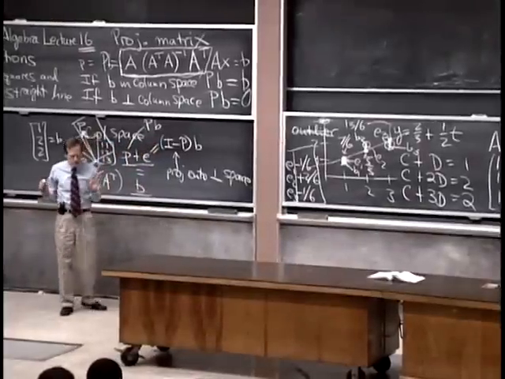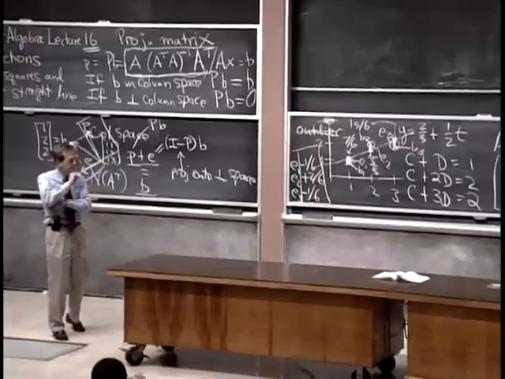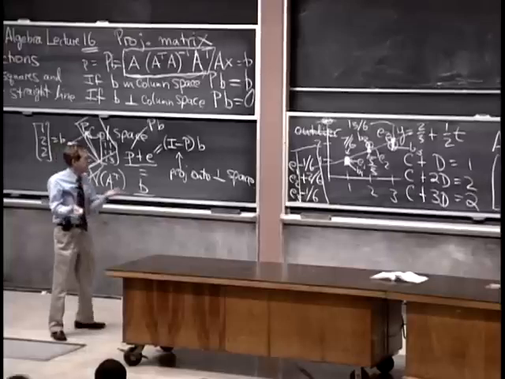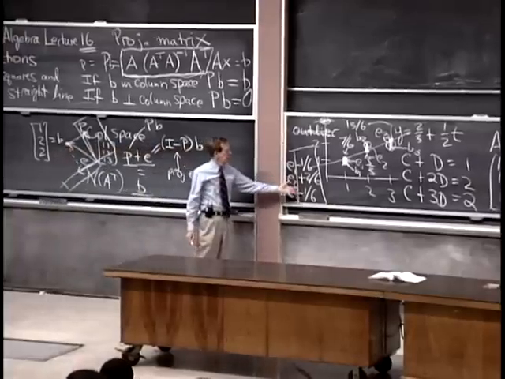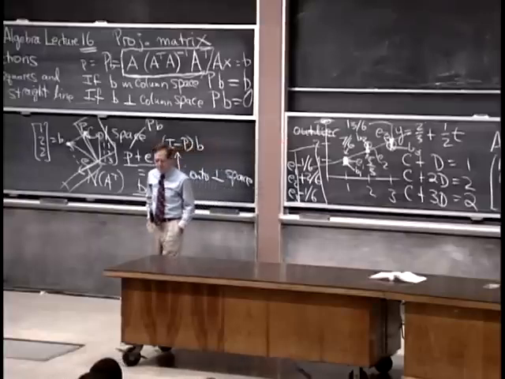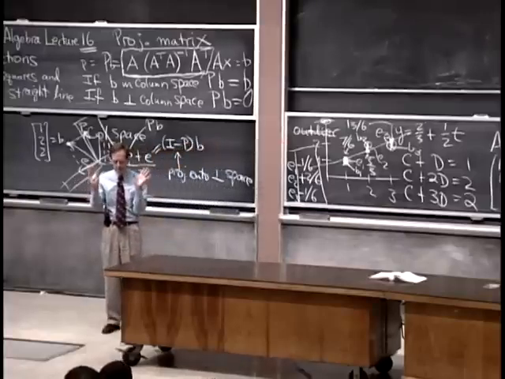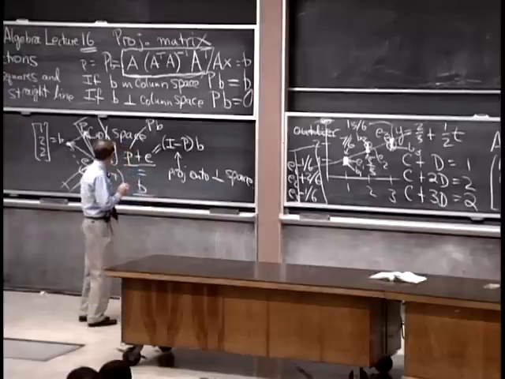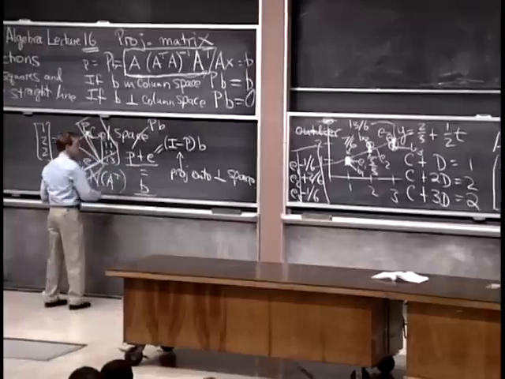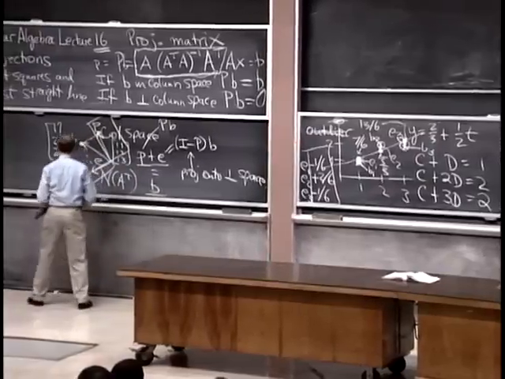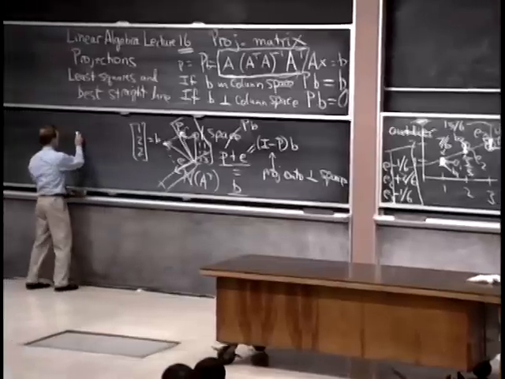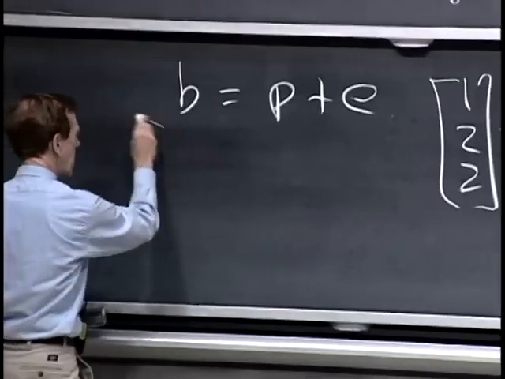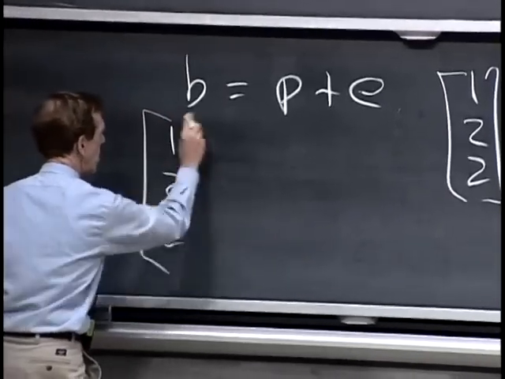Now, okay, I'm going to take a deep breath here and ask, what do we know about this error vector E? You've seen now this whole problem worked completely through, and I even think the numbers are right. So this P, so I'll write out, B is P plus E. B, I believe, was 1, 2, 2.